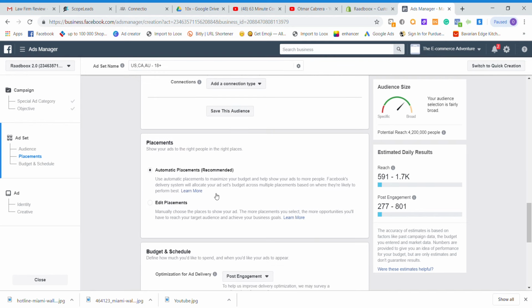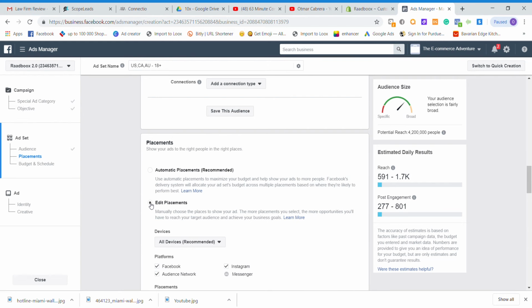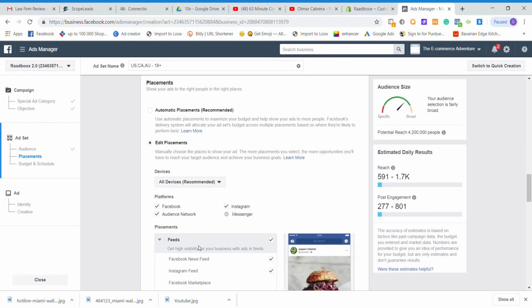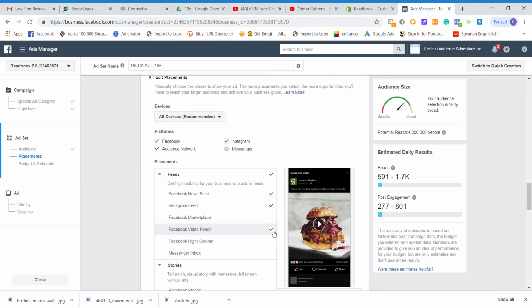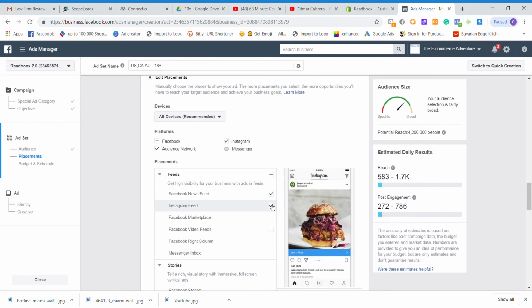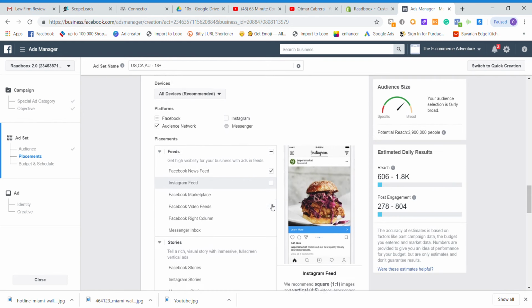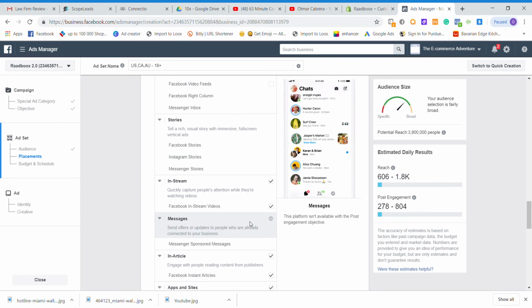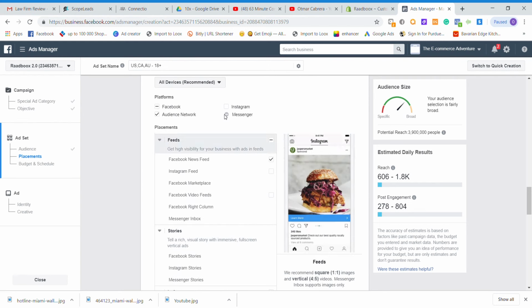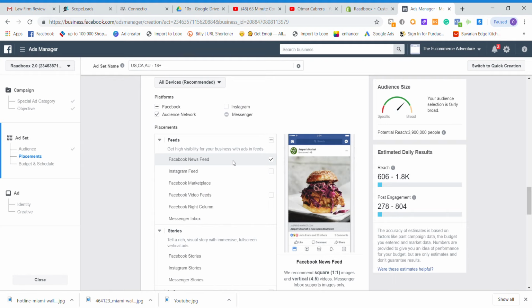To finish this off, always edit placements. Facebook has changed this because they realized people weren't actually using a lot of it. I don't usually do video feeds or Instagram feed with this, because for the Facebook news feed, people are just scrolling.